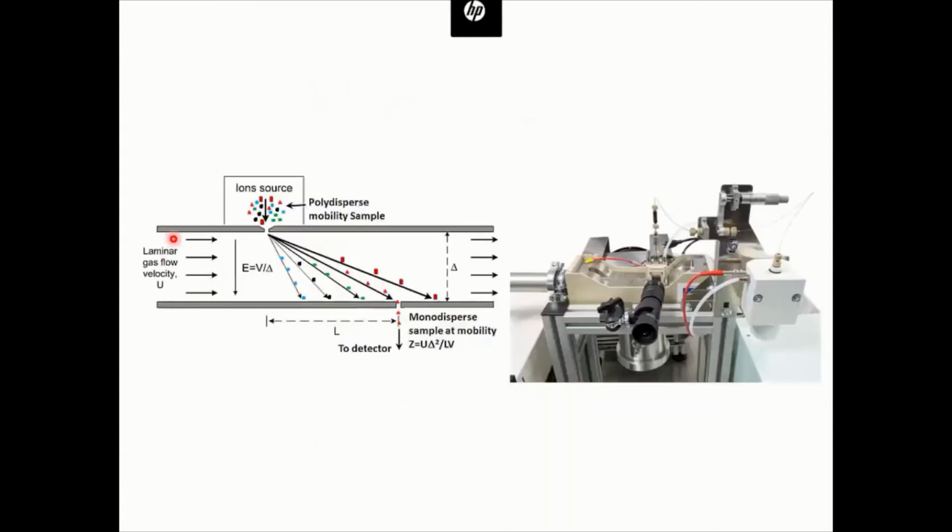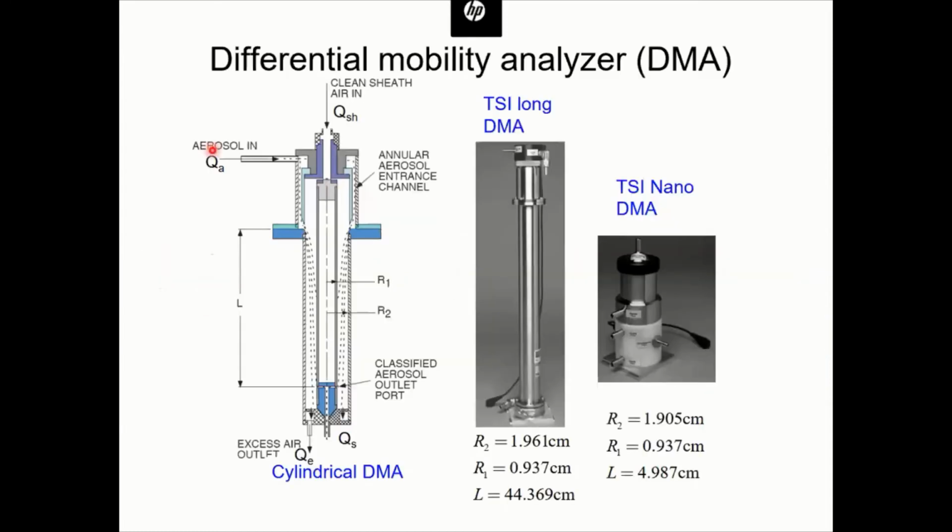This clean air introduces a vertical velocity to all the particles that enter this instrument. At the same time, the particles enter from the side of the outer cylinder. These two cylinders form a gap. Theoretically, they're still parallel, because the two cylinders are concentric, but it's not a plate shape anymore.